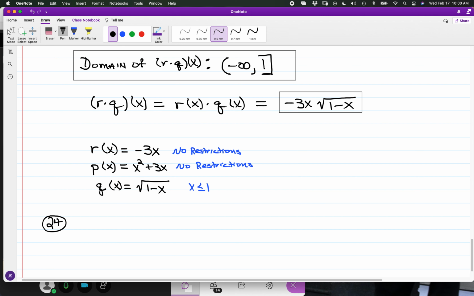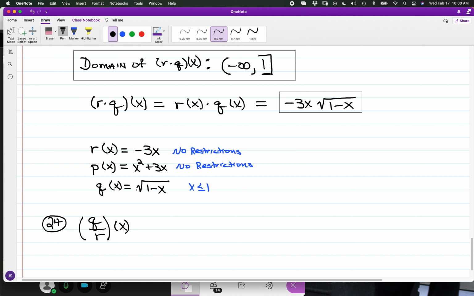Okay, so in the case of 24, now we're looking at q over r of x. Now remember, the sum, difference, and product functions will all have the same domain, and it'll be on the basis of combining the restrictions of whatever is involved.